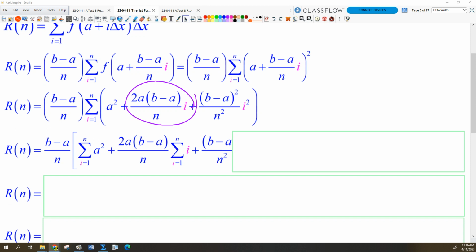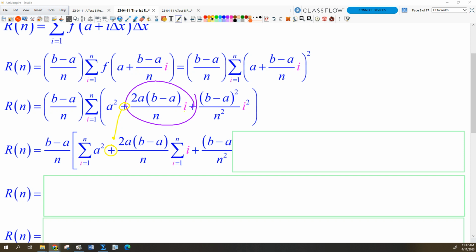So the first one is just going to be the sum of a squared, plus, so here's this plus sign. Then we've got this second term. Well, the only variable of the summation is i. So all this other stuff, we can pull it out in front of the sigma. There's no i's in any of these factors right here. So they come out front.